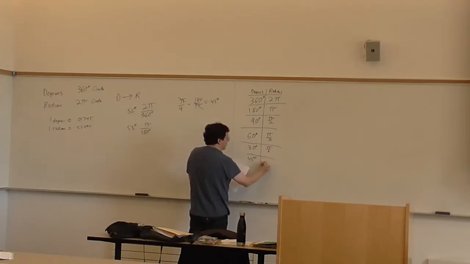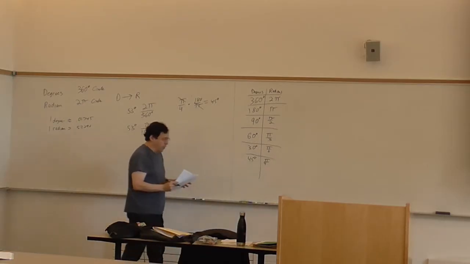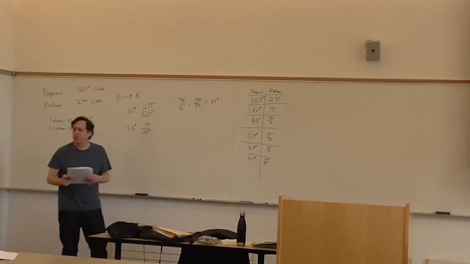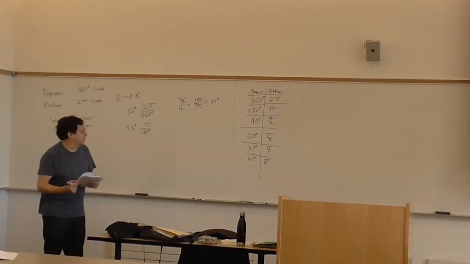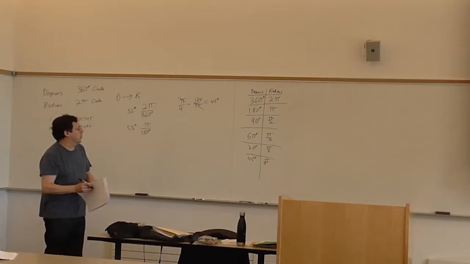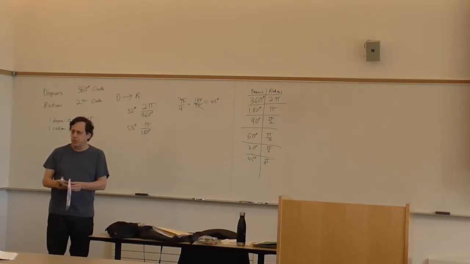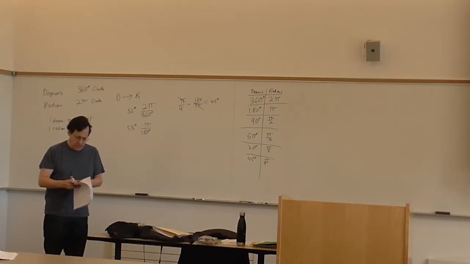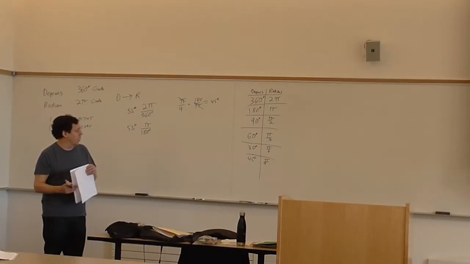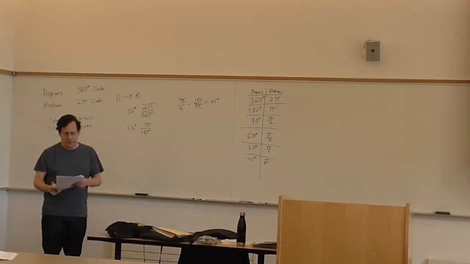A 45-degree angle would be pi over 4. And if you know all those, anything else that comes up, you can do a conversion. When we're doing trig functions, we may go back and forth between radians and degrees. And if we're using a somewhat standard-looking angle like one of these, you want to be able to recognize it, know what it is.